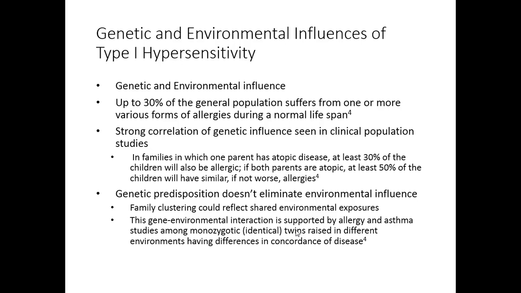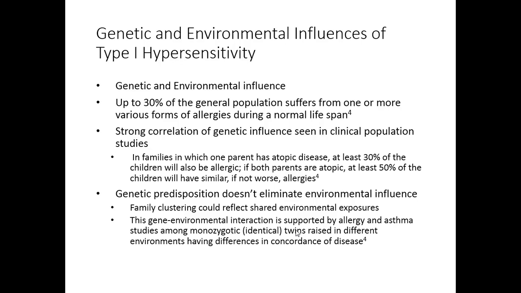If both parents are atopic or have the allergy, at least half of their kids will have some similar or, if not worse, allergies. So you can see that there's a really strong genetic correlation between atopic disease in the parents and the offspring.